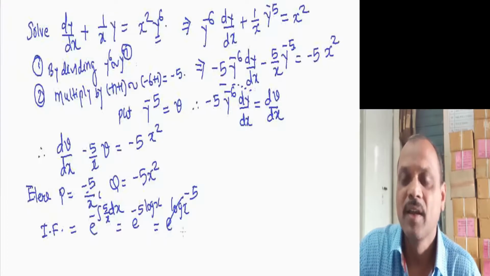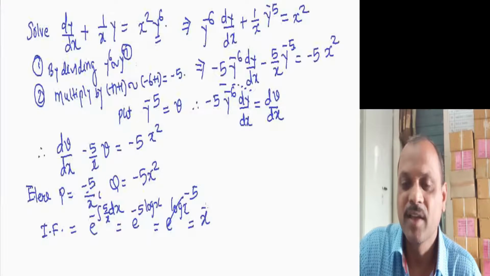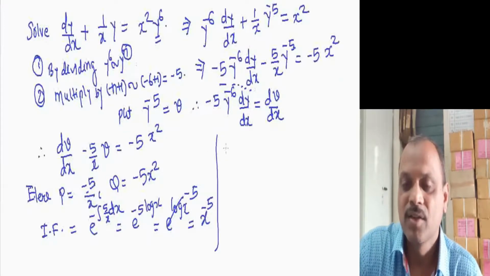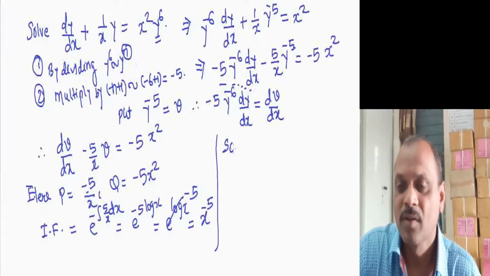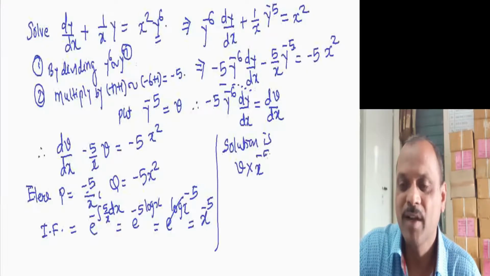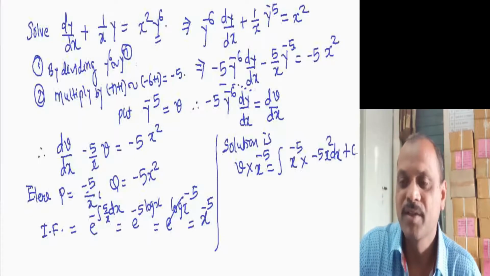Log and e cancel, and we get x raised to minus 5, and here the solution is v into integrating factor x raised to minus 5 equal to the integral of integrating factor x raised to minus 5 into q. What is q? Minus 5 x square into dx plus c.